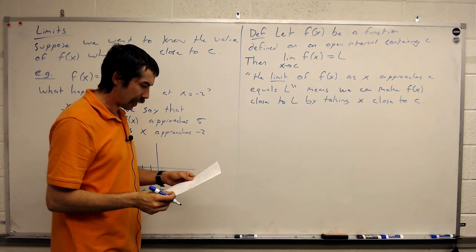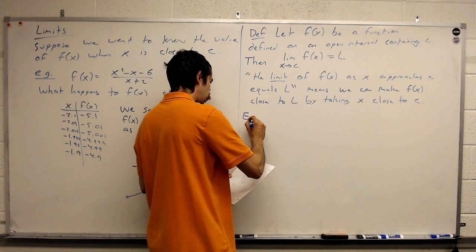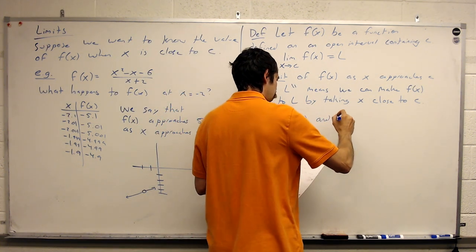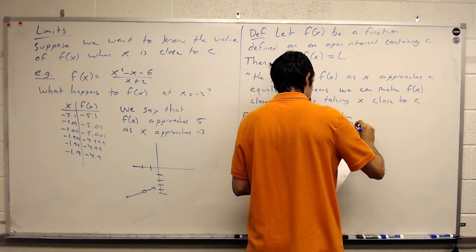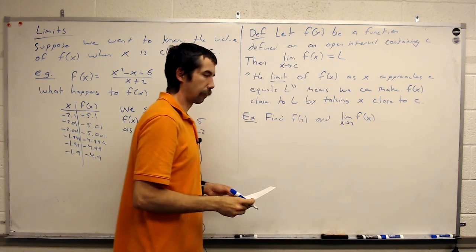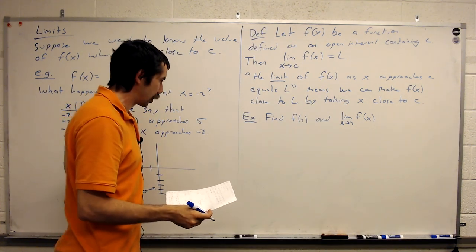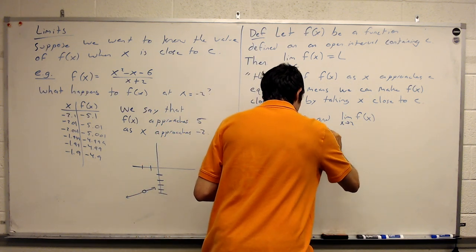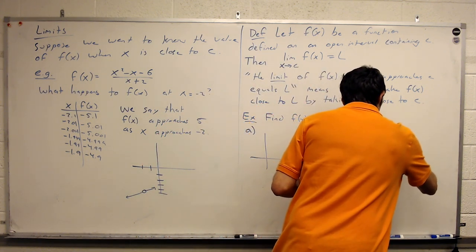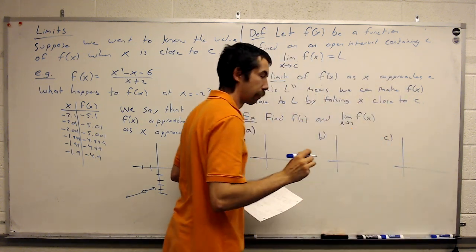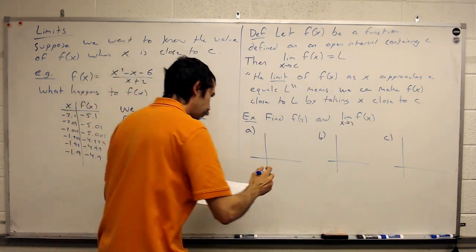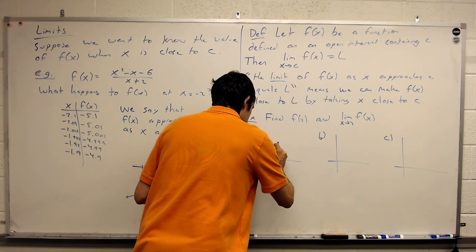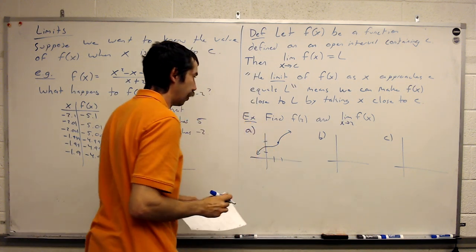Okay, so let's take a look at a few examples. I want us to find f of 2 and the limit as x approaches 2 of f of x. I'm going to give you 3 examples here. Here's our first one.